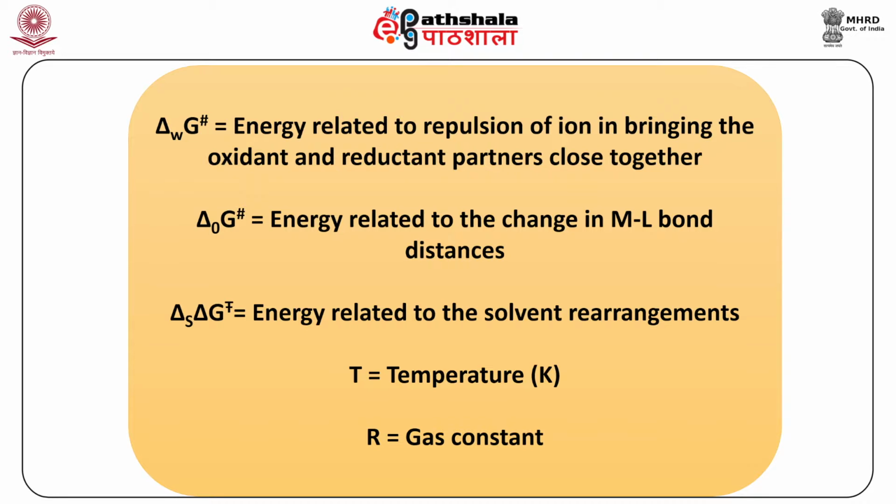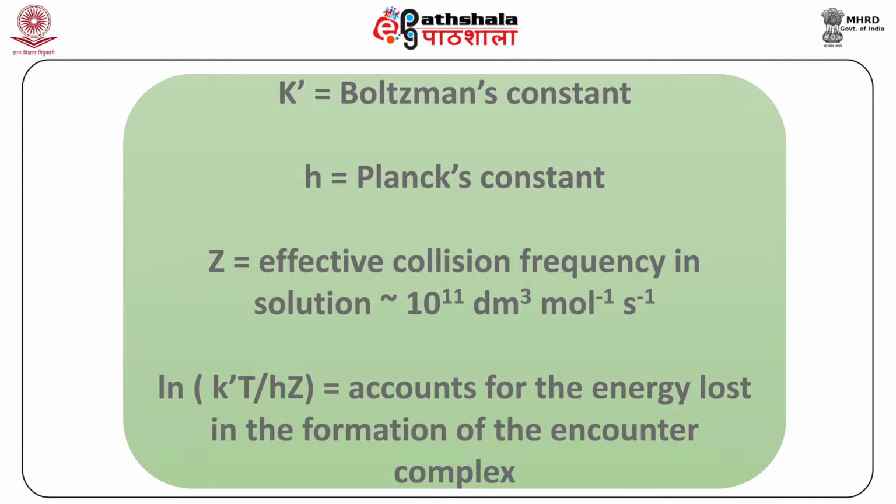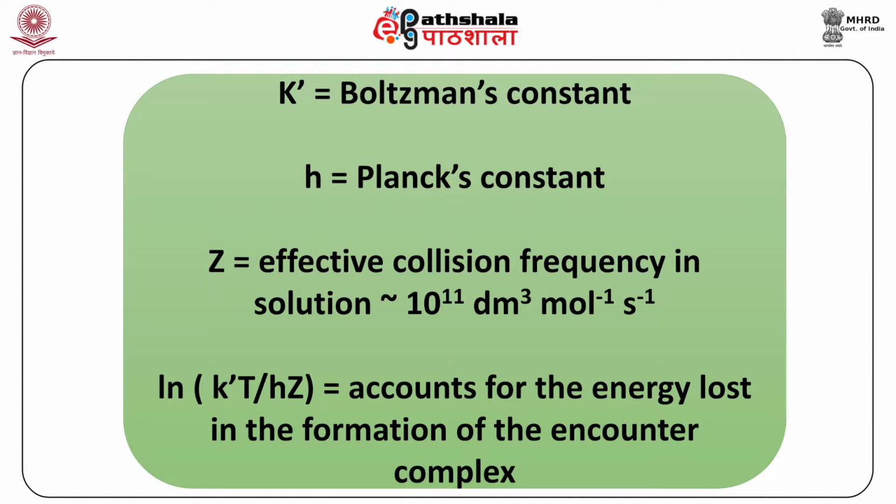T is the temperature in Kelvin, R is the gas constant, k is the Boltzmann constant, h is Planck's constant, and Z is the effective collision frequency in solution, having a value around 10 to the power 11 dm3 mol-1 s-1, and ln(kT/hZ) accounts for the energy lost in the formation of the encounter complex.